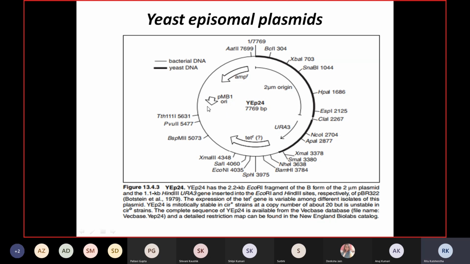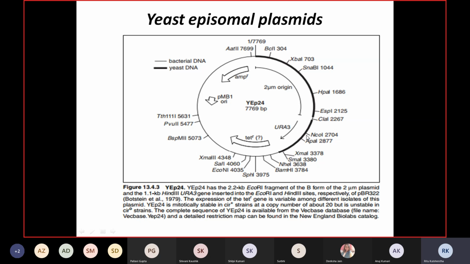If we want to manipulate this plasmid and introduce our gene of interest, then obviously we first make the plasmid and introduce it into bacteria. To check for the recombinants, how do we do the selection? With the help of antibiotic markers, and in this case it's ampicillin or tetracycline. Then do we have any selection marker for yeast? Yes, URA3 is there.